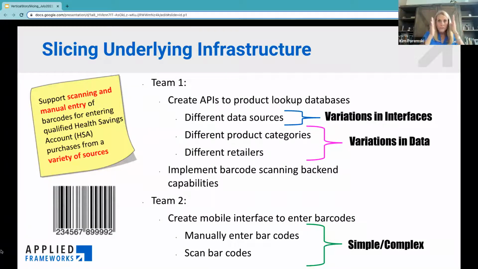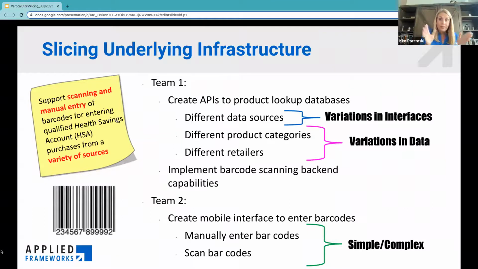They're going to build out just the manual entry of that barcode, and let's see if we can get that to work. Manually enter a barcode, and it's only going to hit this one data source. Maybe that's not enough to get the whole thing out into production just yet, but it is enough to make sure that the experience is working the way it should, that the data is coming back correctly, and so forth. And then they could be layering on those additional interfaces, sprint over sprint.